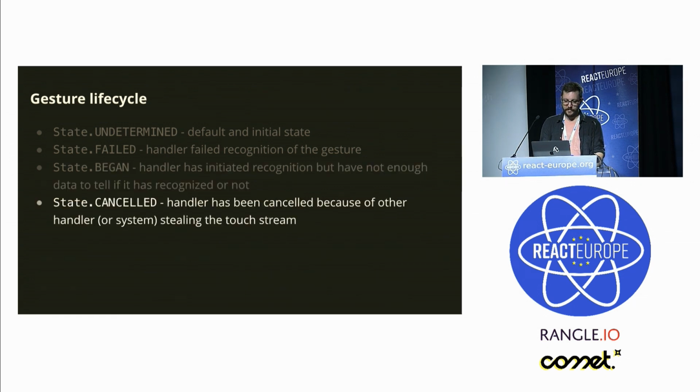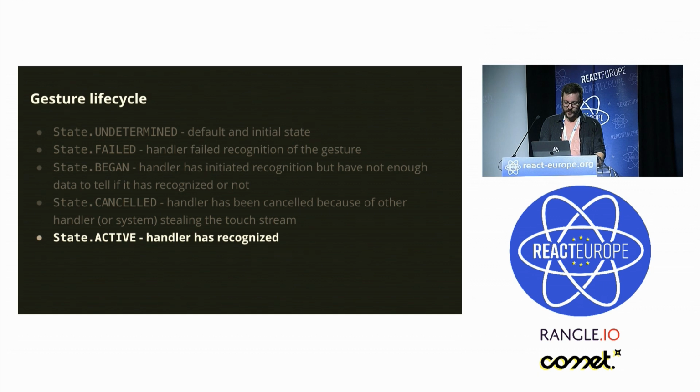Canceled, it's possible for other gestures to explicitly cancel other things, so we can also look at that one later. Not super important here. And active. Active is the one that you deal with most when working with React Native Gesture Handler. Usually you care when a gesture becomes active and when it goes from active to any other state.